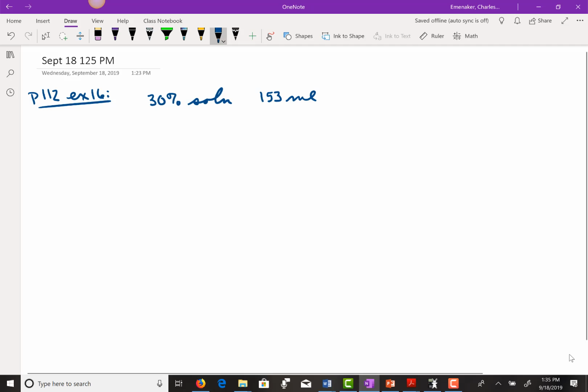Doesn't really matter how many milliliters. The problem will work with any other number of milliliters as well. So you might have a whole bottle of it, or half a cup of it, whatever the case might be. And it's marked at 30%, and what you need to do is get it to 13%.